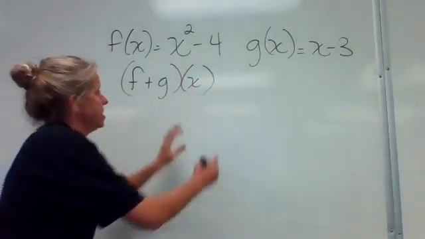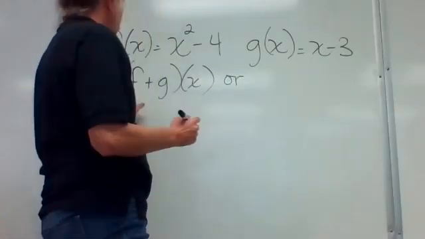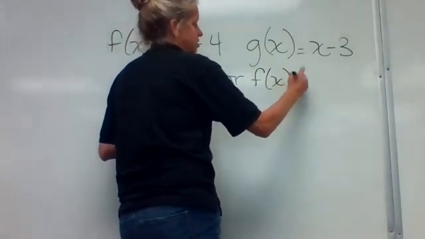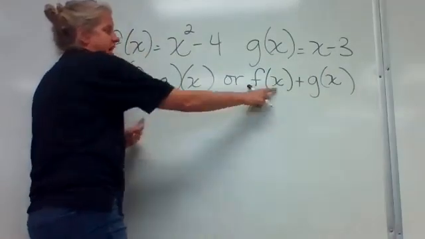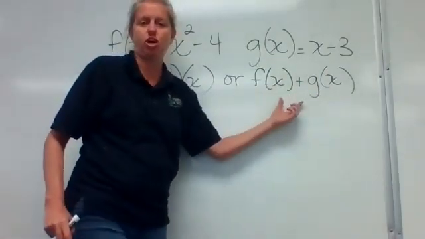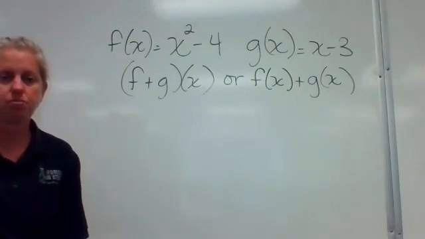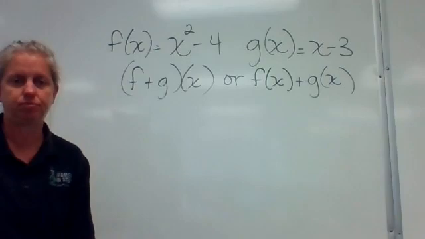Another way to write this, and I think it is more clear, is finding f of x plus g of x. These 2 things say the same thing. I feel like this is clearer of what it's asking me to do. It essentially is just asking me to add the 2 functions together.